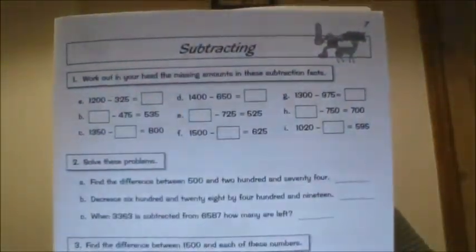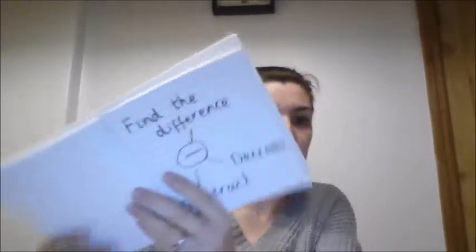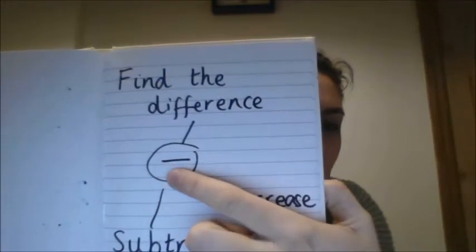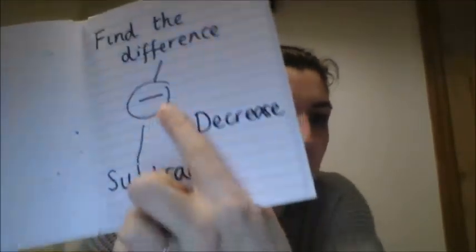So what I want to talk to you about in section 2, before we go over our column subtraction methods, is the vocabulary. These ones are solving problems in section 2. It's the vocabulary that you really need to focus on. So I just want to show you this. In the middle you've got subtraction, and all of these things mean subtract.